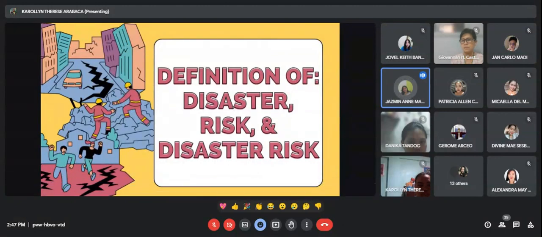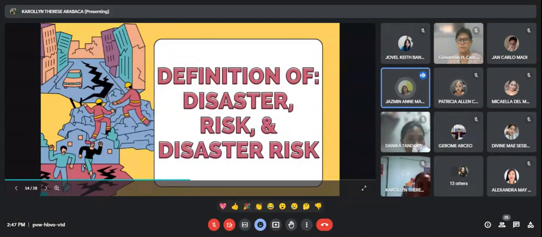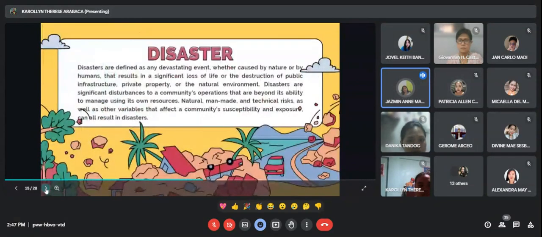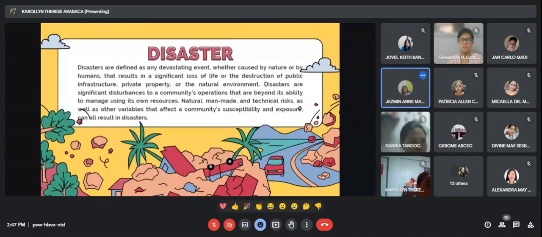So proceed naman po tayo sa definition of disaster risk and disaster risk. First po is yung disaster. So disaster are defined as any devastating event, whether caused by nature, such as earthquake, hurricane, and floods or other natural hazards, or by humans, human activities like accidents, war, or terrorism, that results in a significant loss of life or destruction of public infrastructure, private property, or the natural environment.